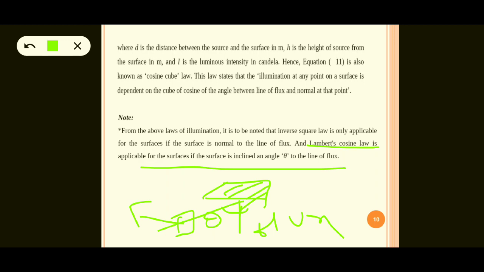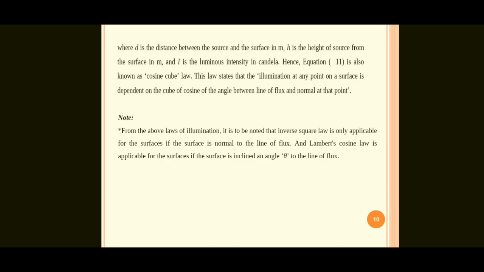So Lambert's cosine law is applicable for surfaces if the surface is inclined at an angle theta to the line of flux. So these are the two laws of illumination. This is the objective of part 19.